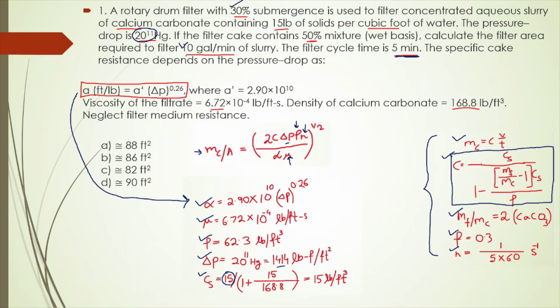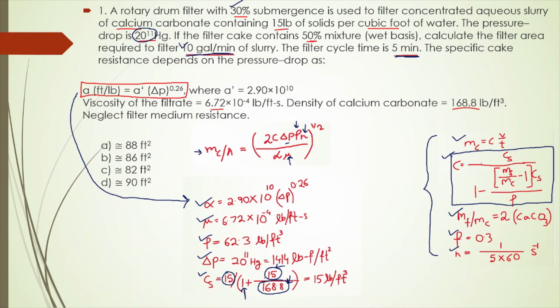So volume of the filtrate is 10 gallons per minute. So if you convert 10 gallons to feet cube, you will get approximately 1 feet cube. Alright, so 1 plus, now we have to calculate the volume of the slurry. We know the weight of the slurry, which is 15. We know the density of the slurry, which is 168.8. Weight divided by the density gives you the volume of the slurry.